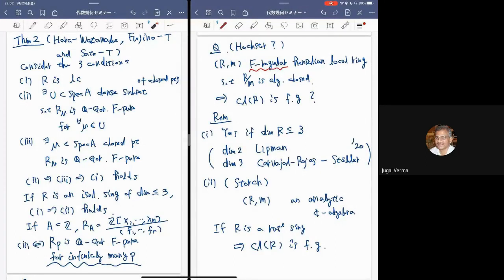So my question is, can you replace log canonical by rational singularity and F-pure by F-rational in part 3? I thought only 1 and 2 were proved earlier.